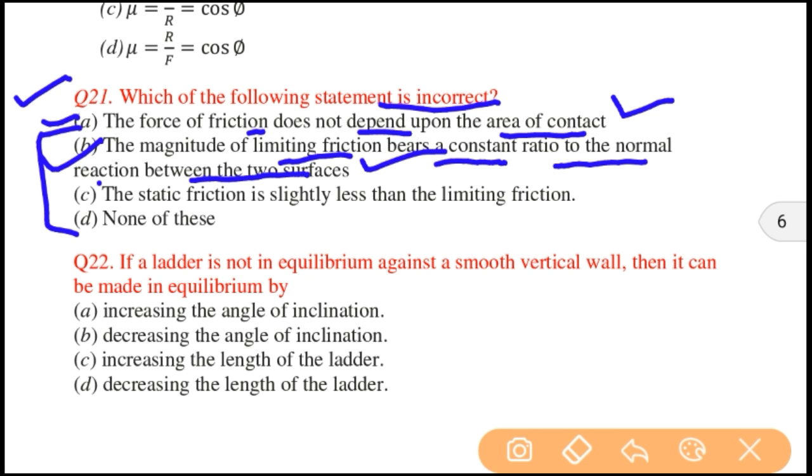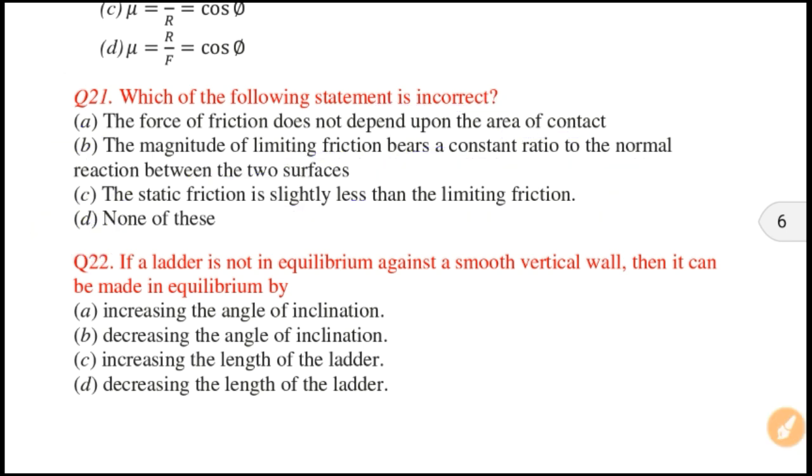This is also correct. Option C: the static friction is slightly less than the limiting friction. This is also a correct statement. So none of these will be the correct answer. All these statements are actually correct.